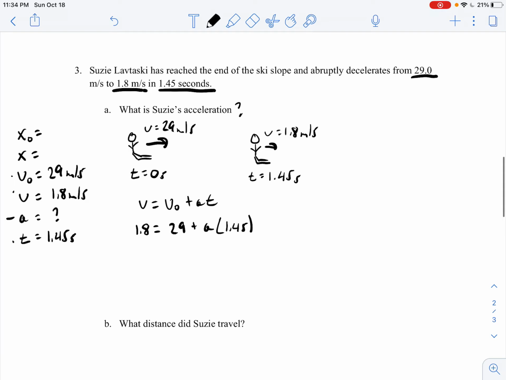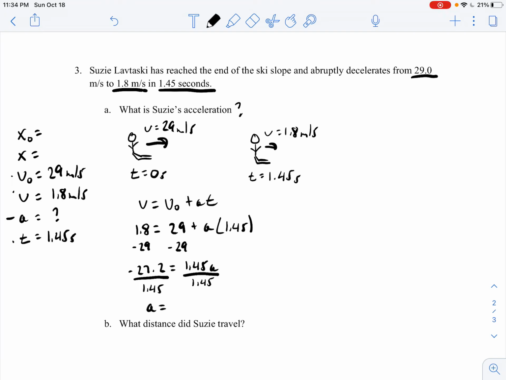First thing I'm going to do is subtract 29 from both sides. So we do 1.8 minus 29. That's going to give us a negative 27.2. It's going to be equal to 1.45 times a. Divide both sides by 1.45.